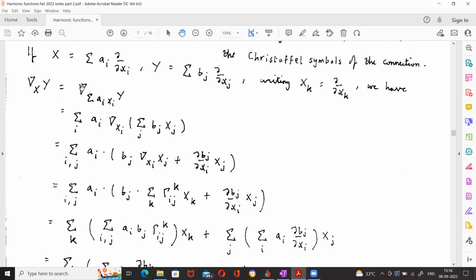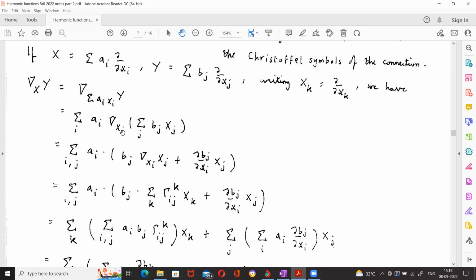So this is nabla of the summation ai Xi, applied to Y. By C-infinity(U) linearity in the first variable, this becomes summation over i, ai nabla_Xi of Y. Now Y is the summation over j, bj Xj. And now I use linearity and the Leibniz rule.